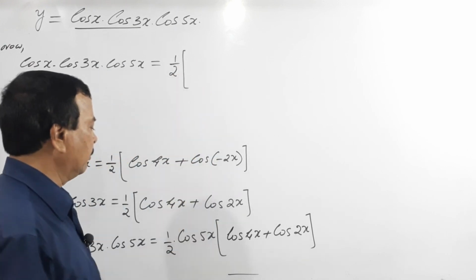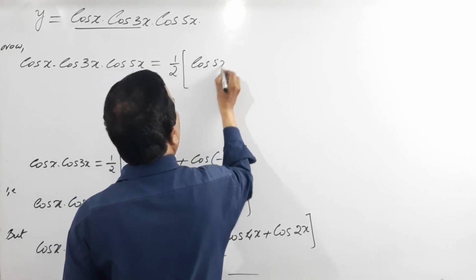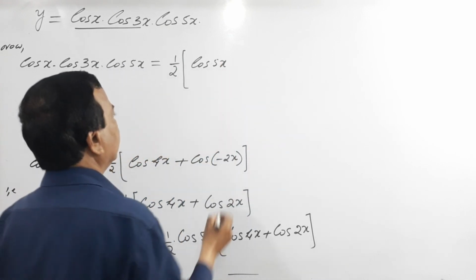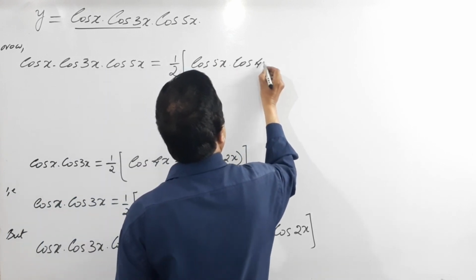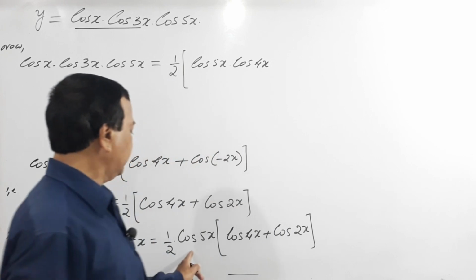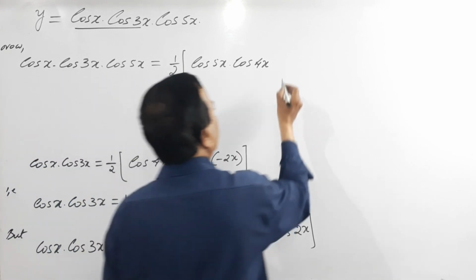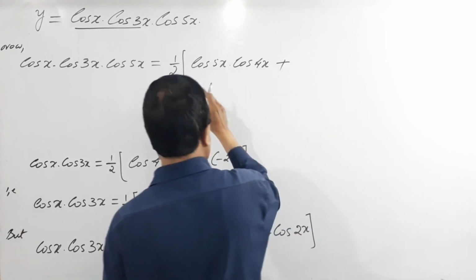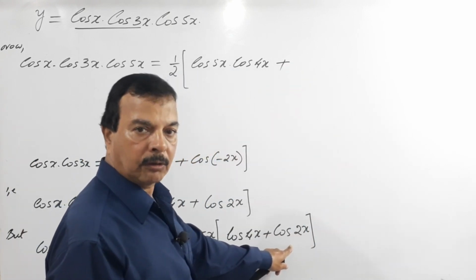I'll multiply this. What happens here? This is nothing but cos 5x into cos 4x. Yes, how have I taken cos 5x into cos 4x plus cos 5x into cos 2x.